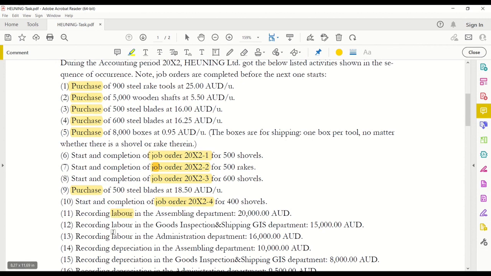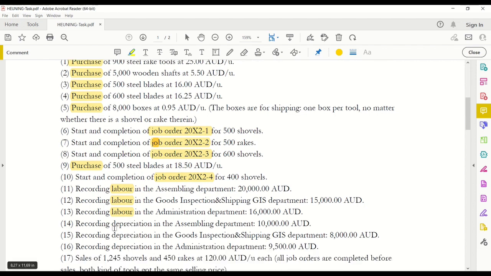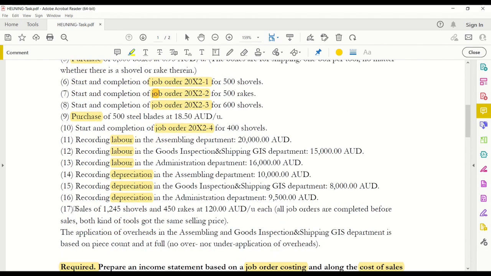So we record labor in the assembling department, labor in the goods inspection and shipping department, and labor in the admin department. The next step is depreciation. There's depreciation in all 3 departments. In the end, the company will sell shovels and rakes, and the prices will be given.